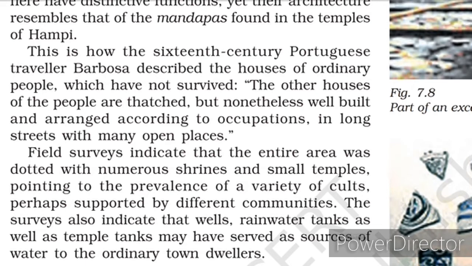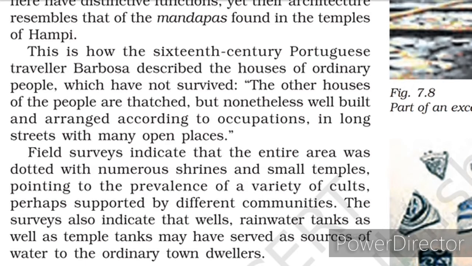What he wanted to say is that the houses were made according to occupations in a long street. That means if all are butchers, then all butchers will have their houses in the same area. If some are builders, all builders will have one area. In that way, according to occupation, the houses were arranged in a long queue.